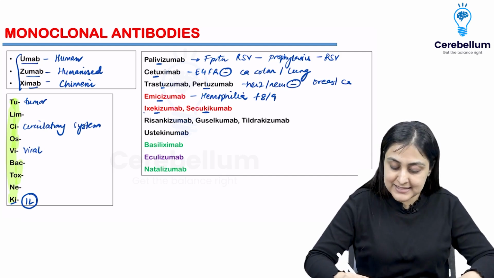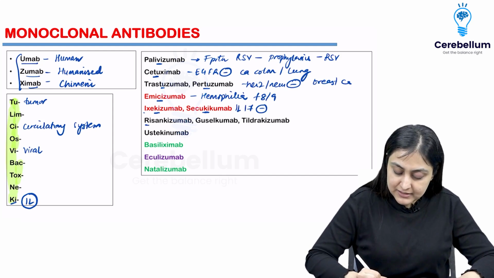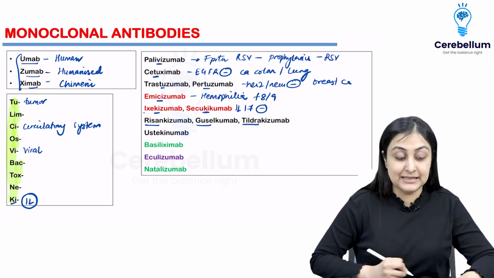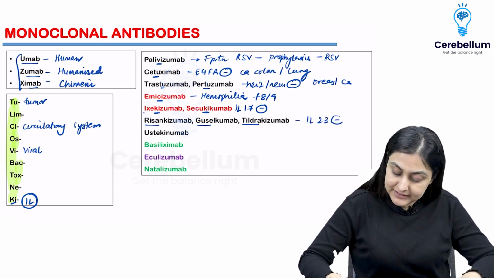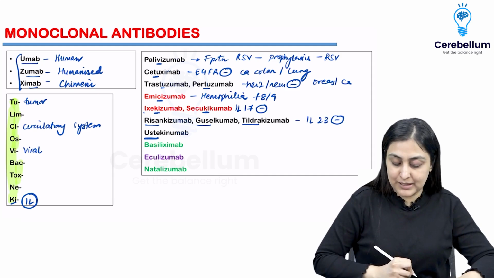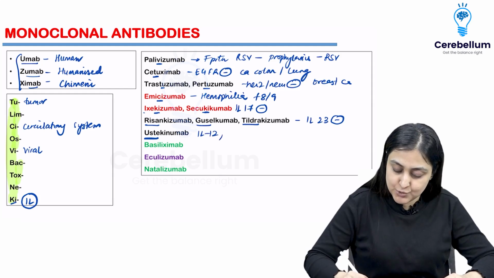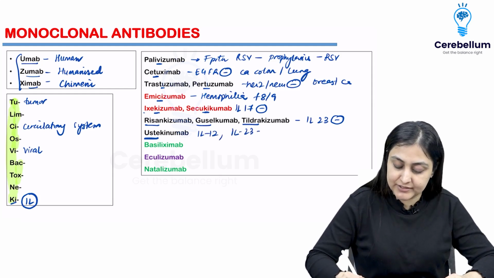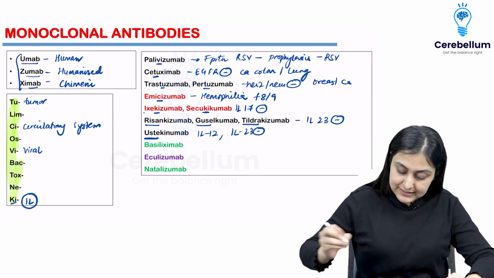So I and S, combine them. This is IL-17 inhibitors, Riza, Gucel and TIL. So R, G and T, these are IL-23 inhibitors. And ustekinumab, remember Ustad drug, it blocks both. So it blocks IL-12 in addition to IL-23 inhibitors. Alright, so this is how you remember both of these.